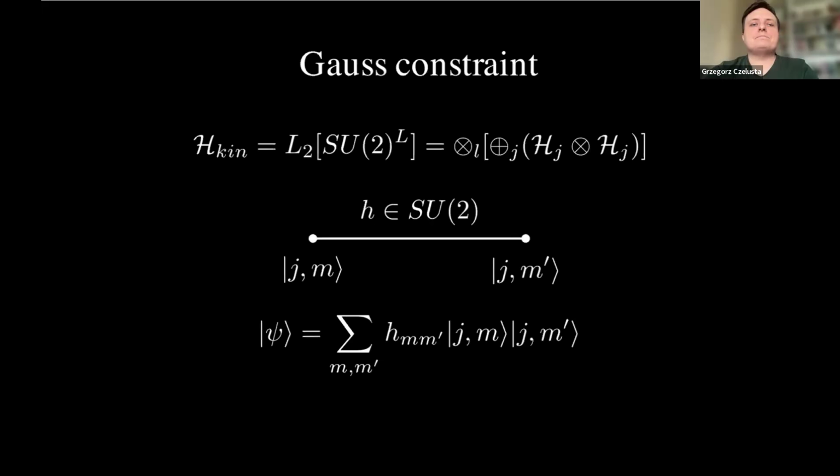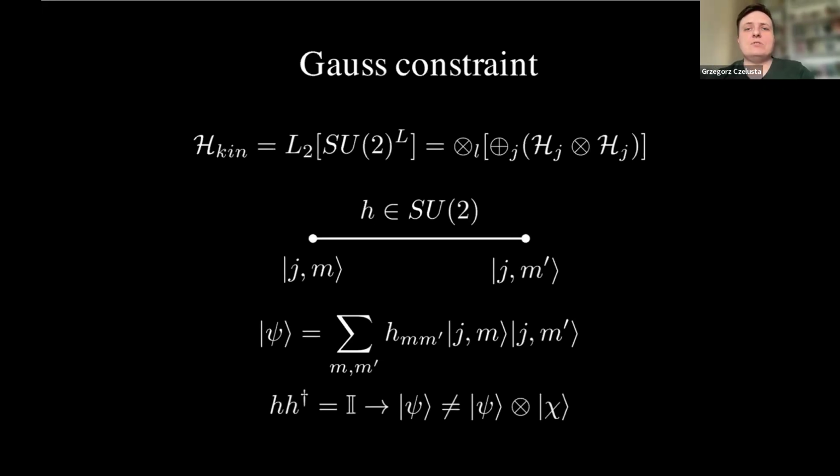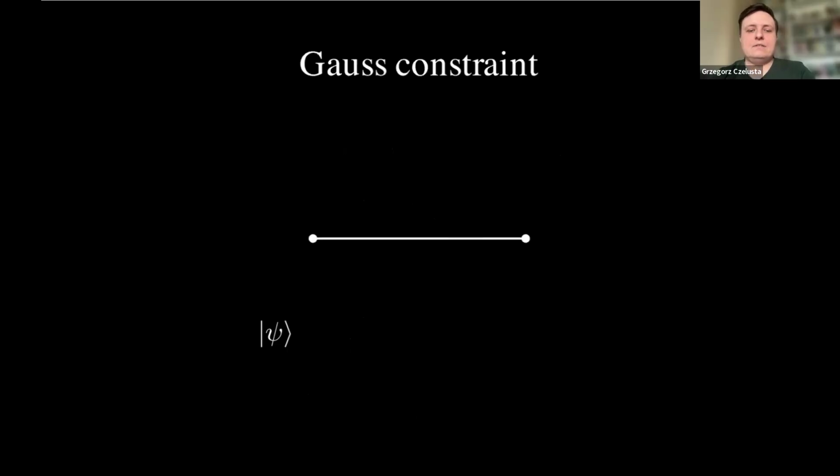And when the holonomy is unitary, then this state corresponding to this holonomy is a maximally entangled state. So we may think now about links of spin networks as maximally entangled pairs of spins.